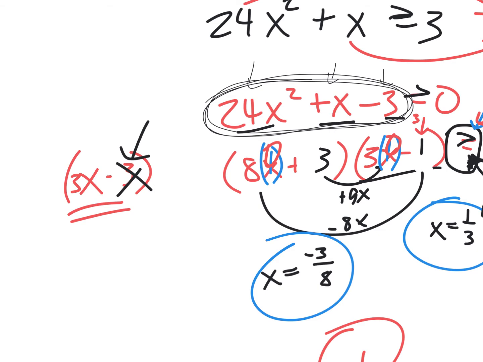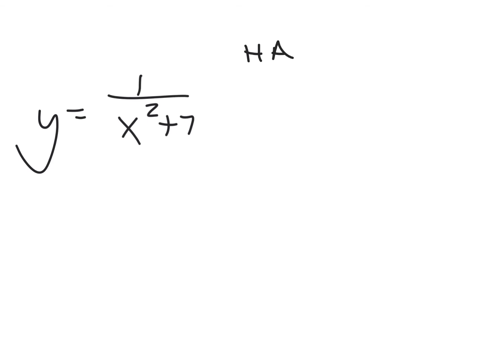Okay, so next part, I'm going to give you a bigger on bottom, bigger on top, or same on both question, and you need to figure out what the horizontal asymptotes are for this. Ask Bob. Is this one a bigger on the bottom?